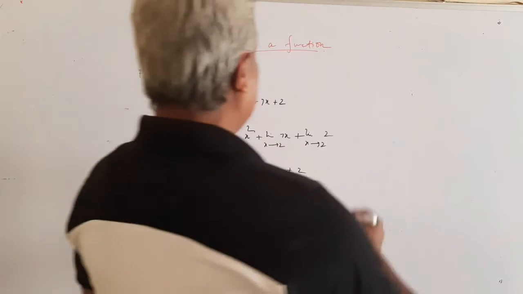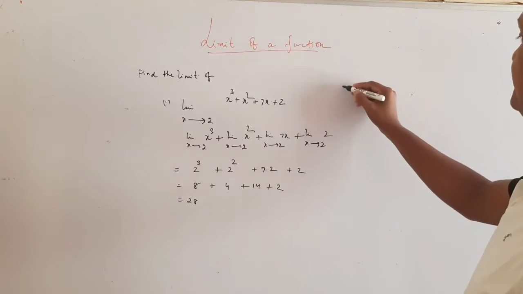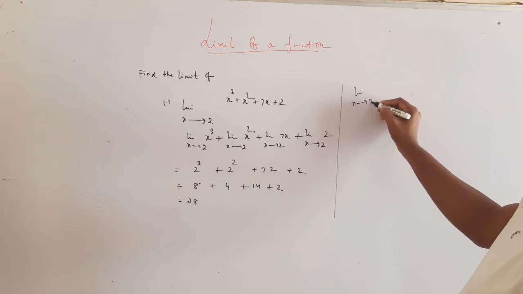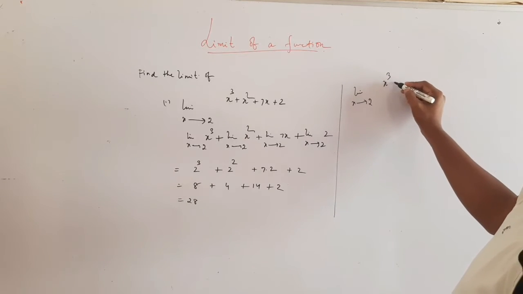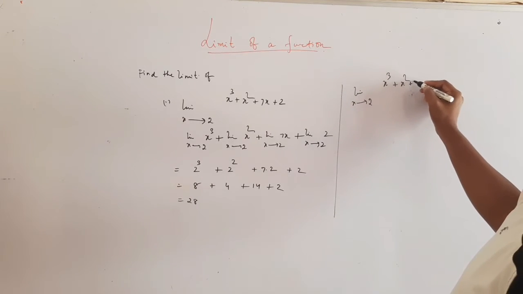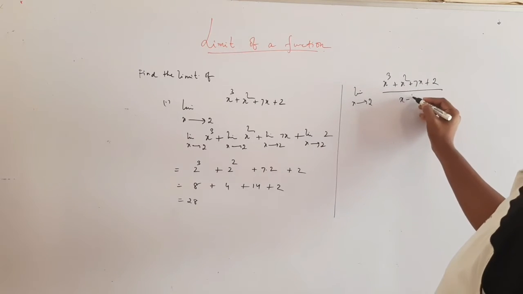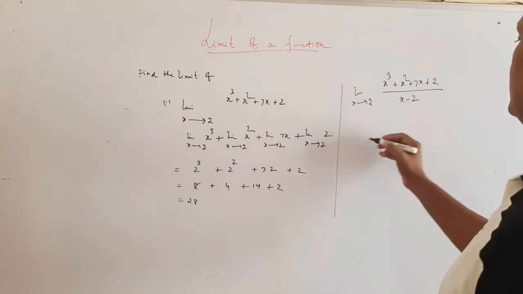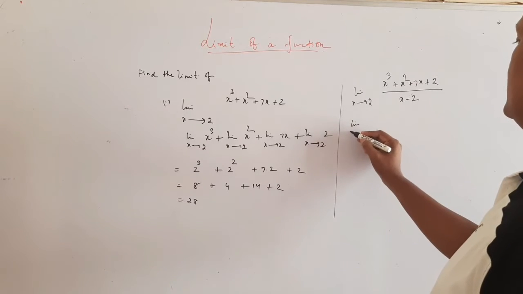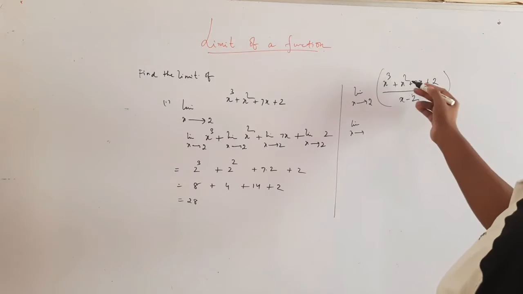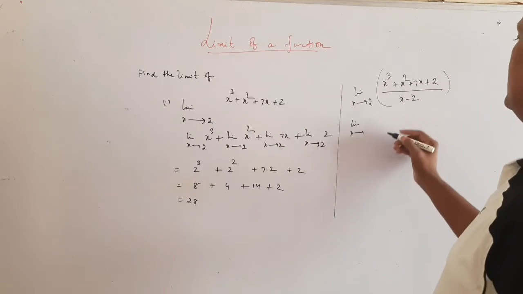But if I have a function like this, limit x tends to 2 of x cube plus x square plus 7x plus 2 upon x minus 2, then what do you see? You have to assume that the limit of a fraction is the limit of the numerator upon the limit of the denominator.